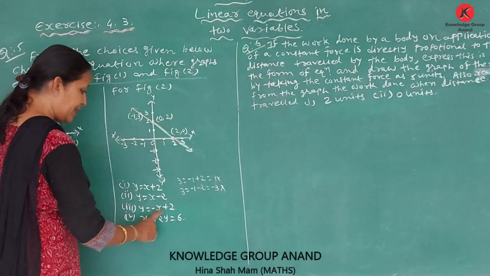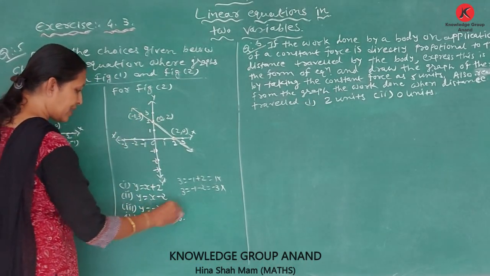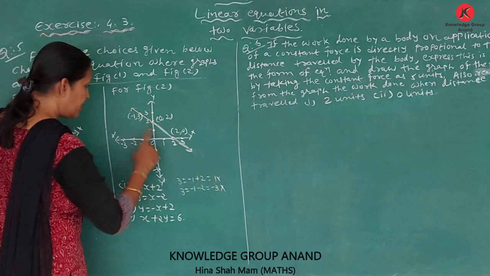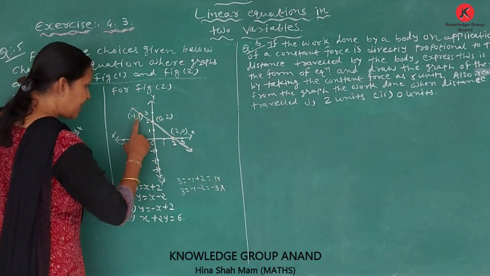Putting (-1, 3) in the third equation, y is equal to x plus 2.